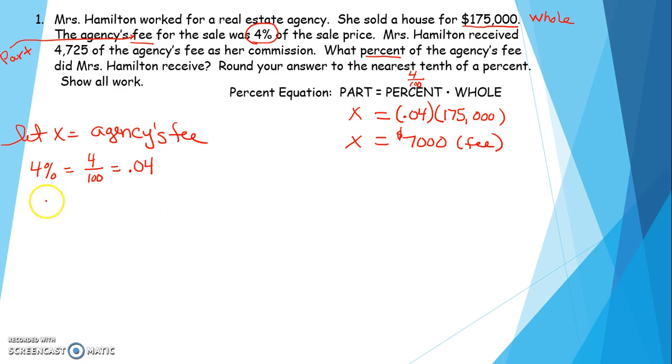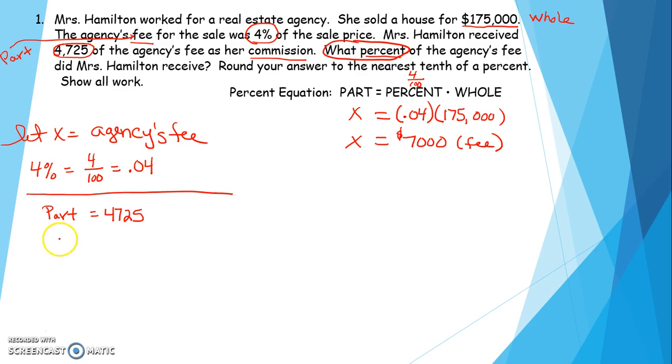Show all work. So now this is a two-step problem. So now I know the part of the agency's fee that Mrs. Hamilton received for her commission was $4,725. They're asking what percent.